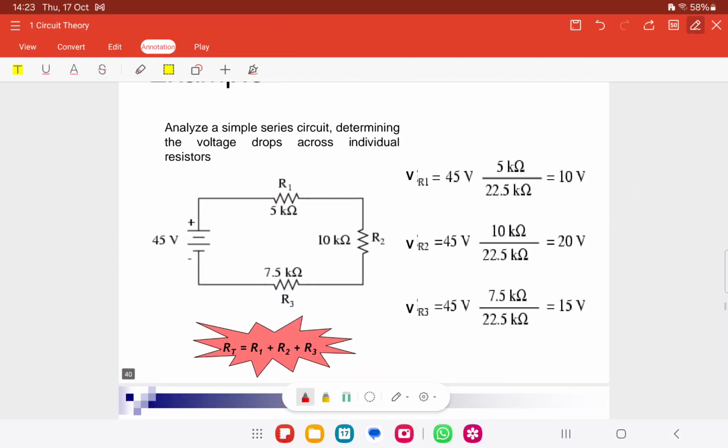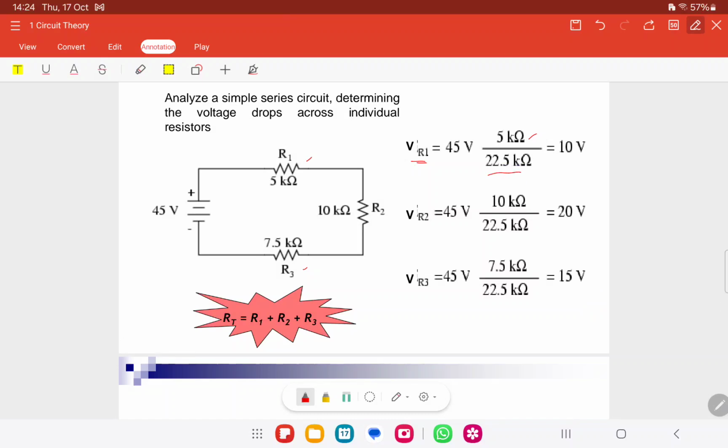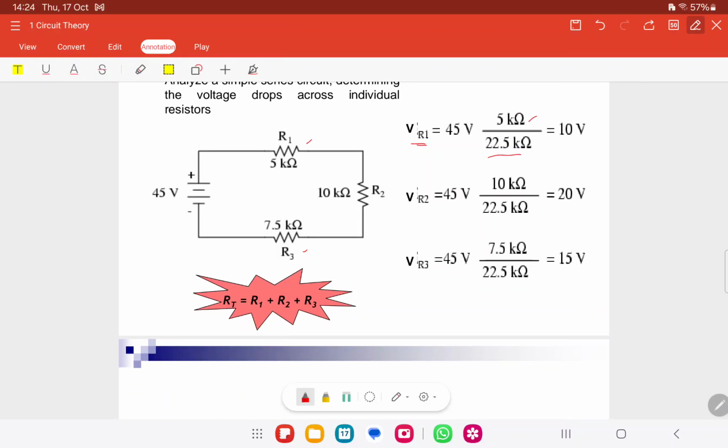Okay, for example here, it is a series circuit. We have 3 resistors, R1, R2 and R3. For VR1 is 5, with R total 22.5 ohm. 5 over 22.5 is the R1 over R total multiplied with the V total or Vs, the voltage source.